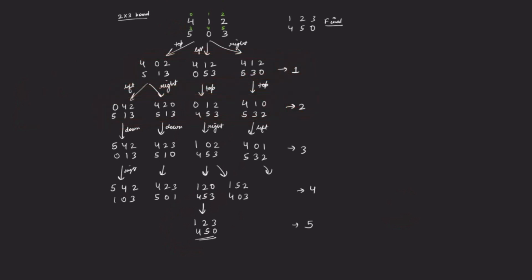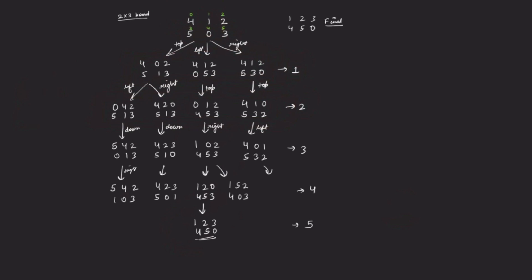So don't you think that we are kind of doing a BFS over here? That first we are checking all the board states at move number 1. At the first move, 0 could be swapped with 1, 5 and 3. And we are checking all those 3 scenarios. And then we are moving forward based on these scenarios. Right? So we are doing a breadth first search here and we are identifying the number of moves.